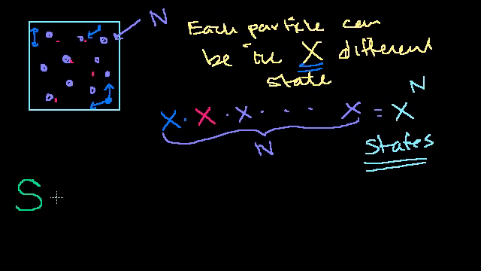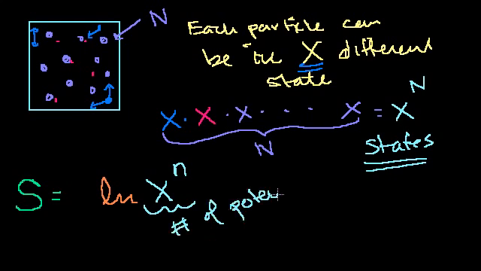S for states. And since the number of states can grow really large, let's say I like to take the logarithm of the number of states. This is just how I'm defining my state variable. I get to define it, so I get to put a logarithm out front. So in this case, it would be the logarithm of my number of states, x to the n, where this is the number of potential states. And we need some kind of scaling factor.